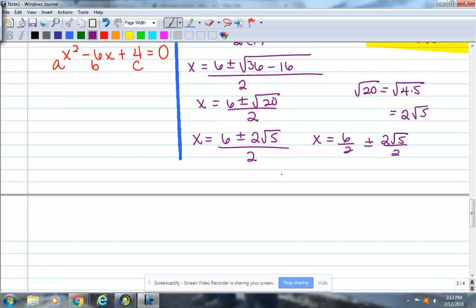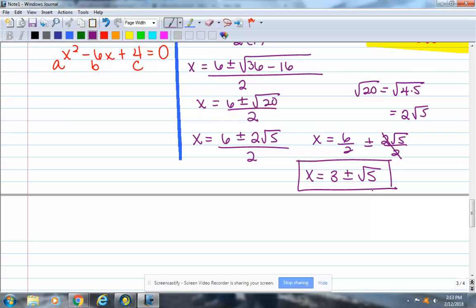And you can still leave it plus and minus. What is 6 divided by 2? 3. Plus and minus, these 2's can cancel out and leave you radical 5. Do I have an imaginary answer? No, I have 2 real answers: 3 plus radical 5 and 3 minus radical 5.